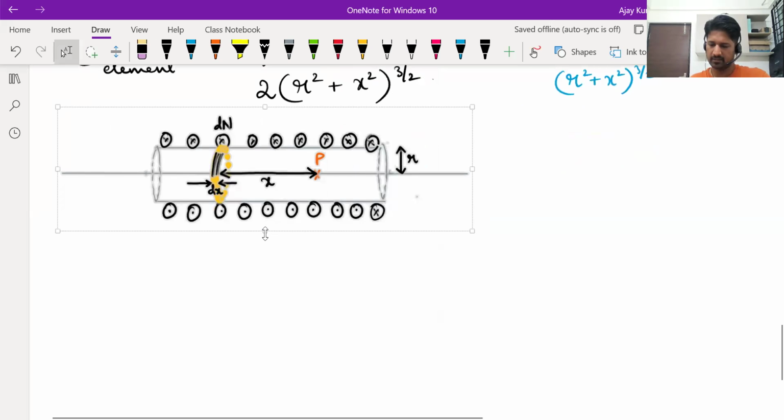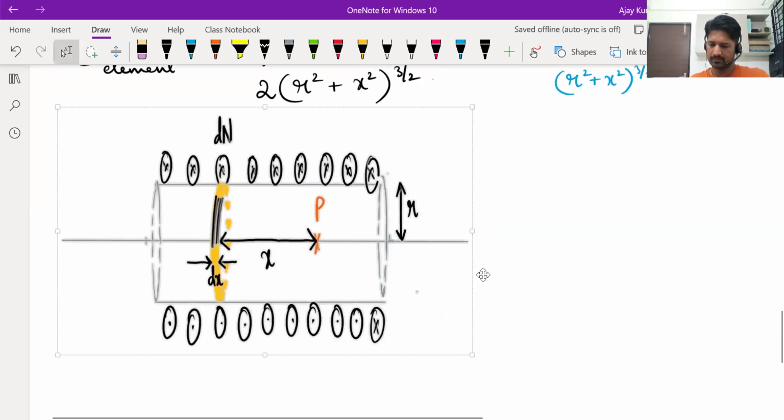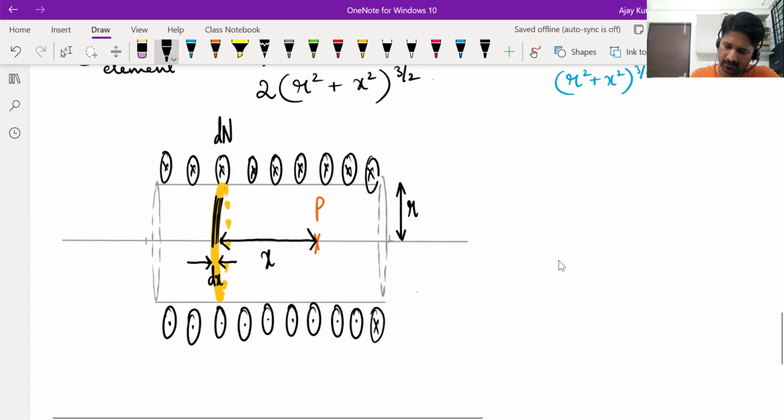We will visualize an angle here. Now the distance x is visible. This distance becomes r, the radius. Now connect the edge of that loop to the point P. Okay, call this angle theta.